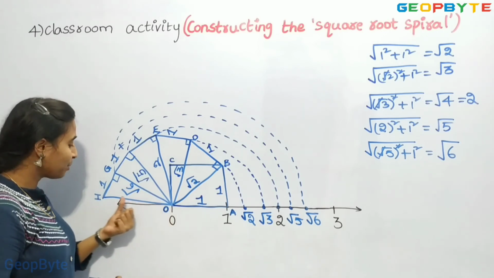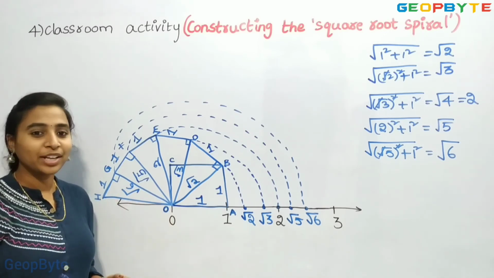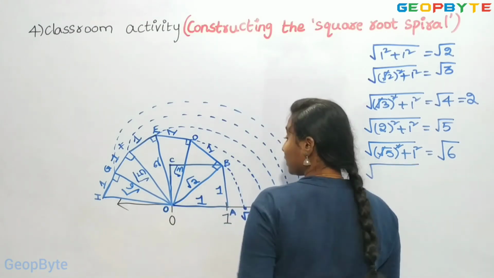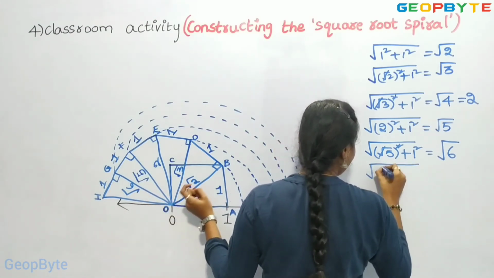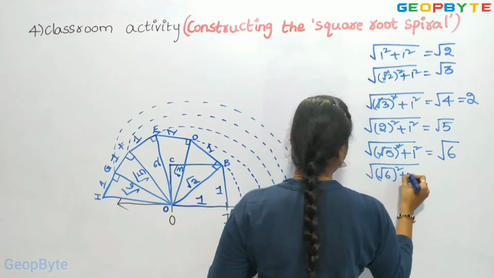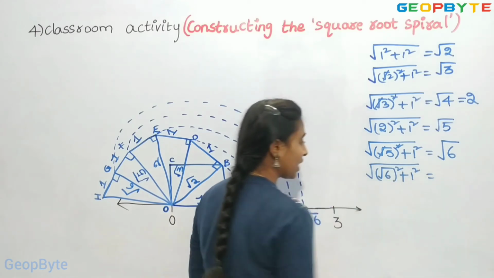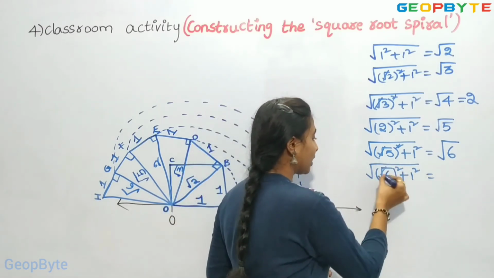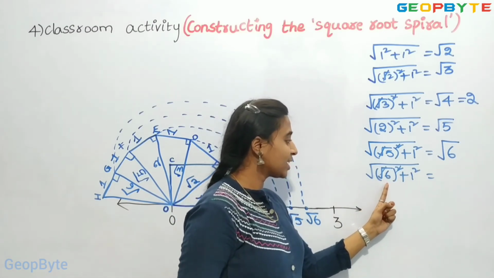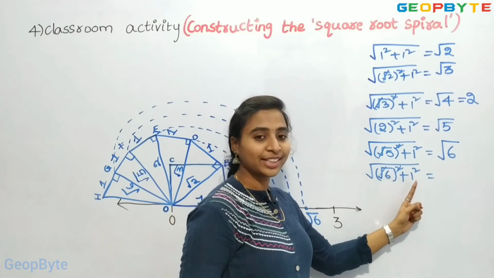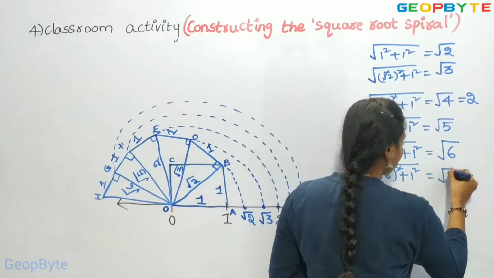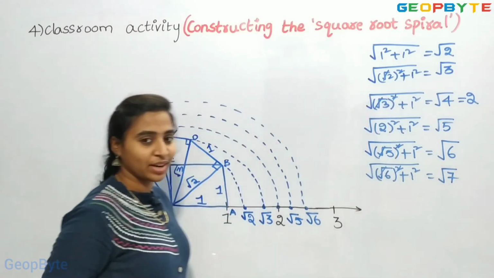To find the hypotenuse, let us use Pythagoras theorem. That is under root 6 whole square plus 1 square. If you see, under root and square gets cancelled, only 6 is left. 6 plus 1 square is nothing but 1. So 6 plus 1 is equal to 7, which is root 7.